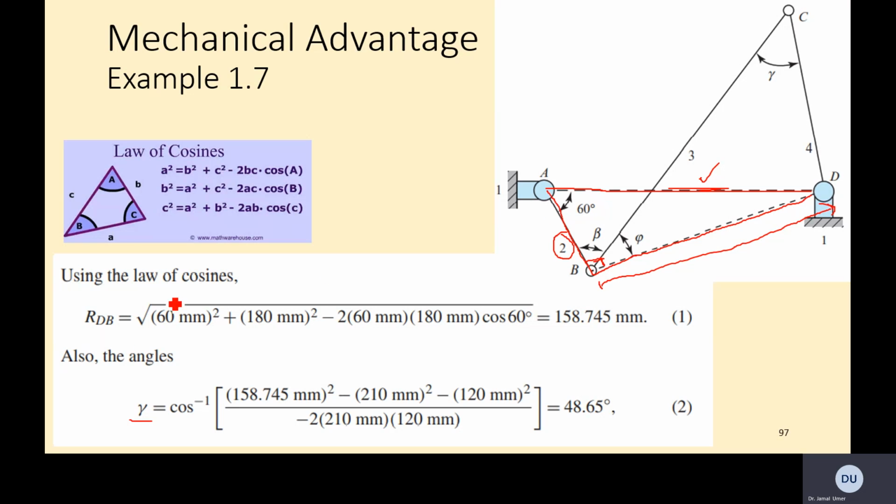So you can use one of the law of cosines. So I have, for your convenience, added this from open source. So basically, a square, so a square is this length, is equal to b square plus c square, you add this length and this length, minus 2bc, 2 times these two lengths, and cos of angle between them.